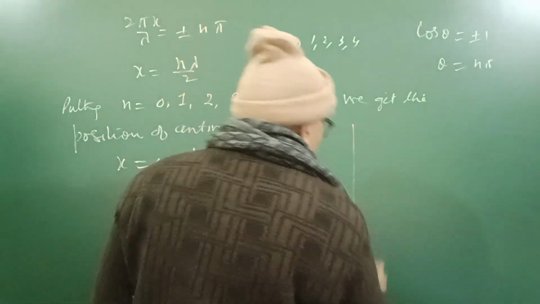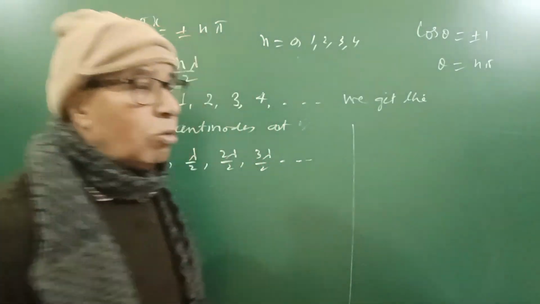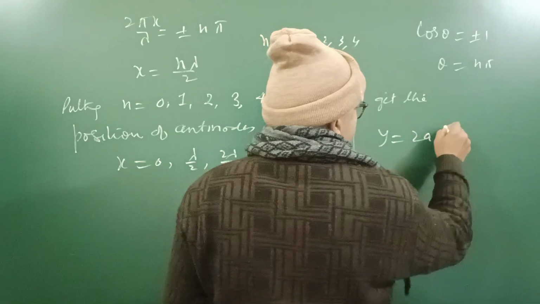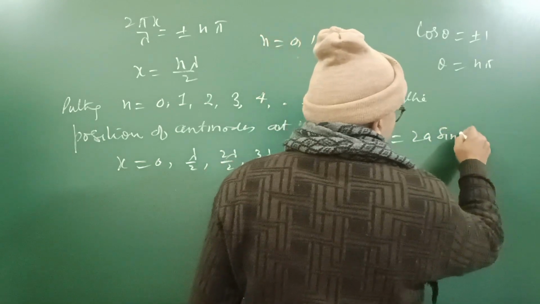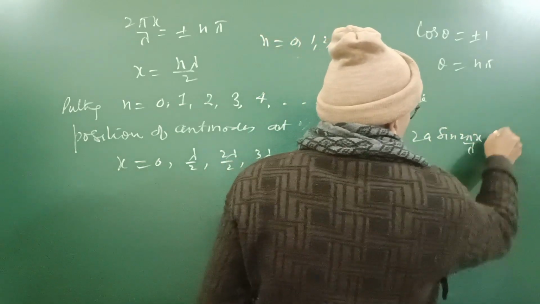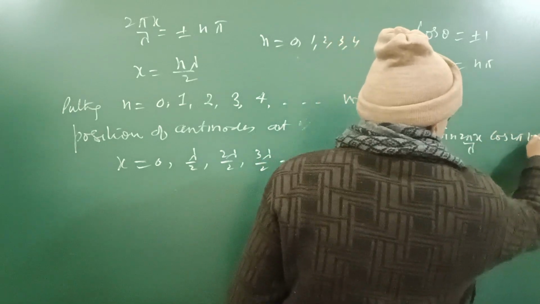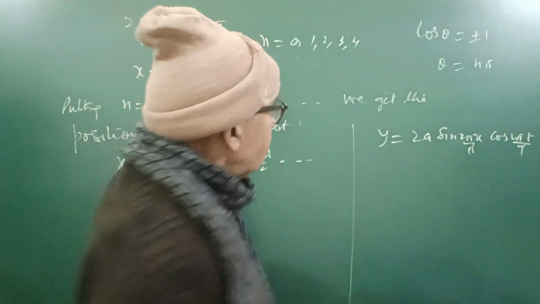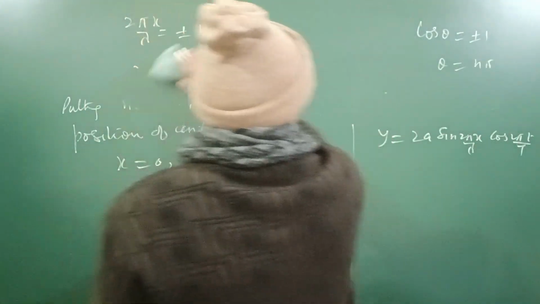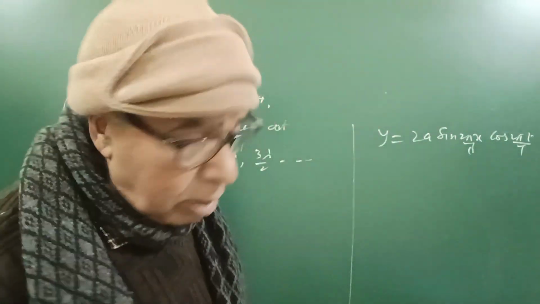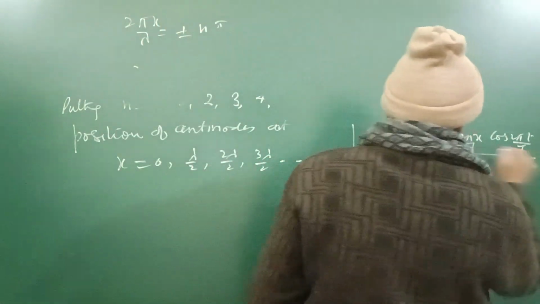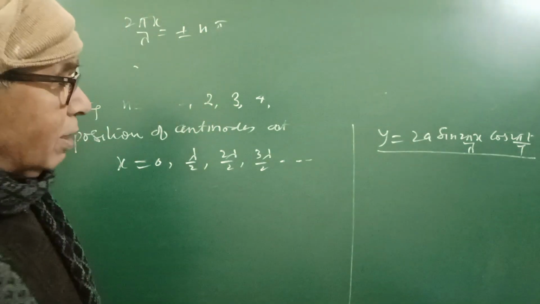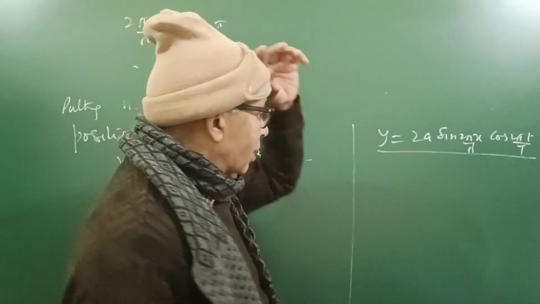I request you to learn this: when boundaries are rigid, the equation of stationary wave may be y equal to 2a sin 2 pi x upon lambda cos 2 pi t upon T. If I take the equation of a traveling wave in the x direction as y equal to, there comes a minus sign. Here the minus sign makes no difference if we write plus or minus.